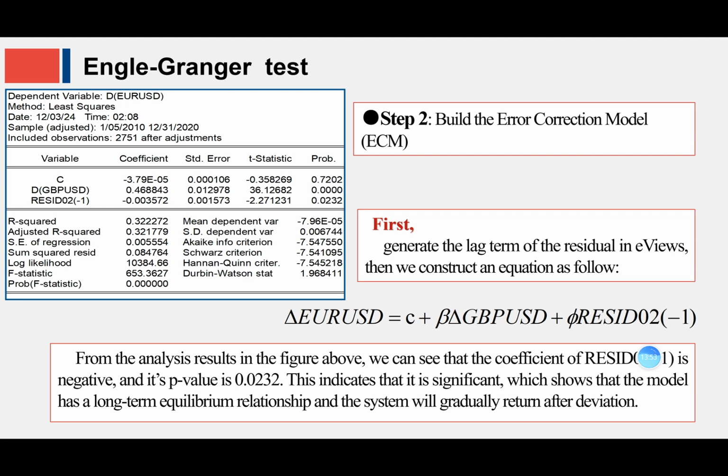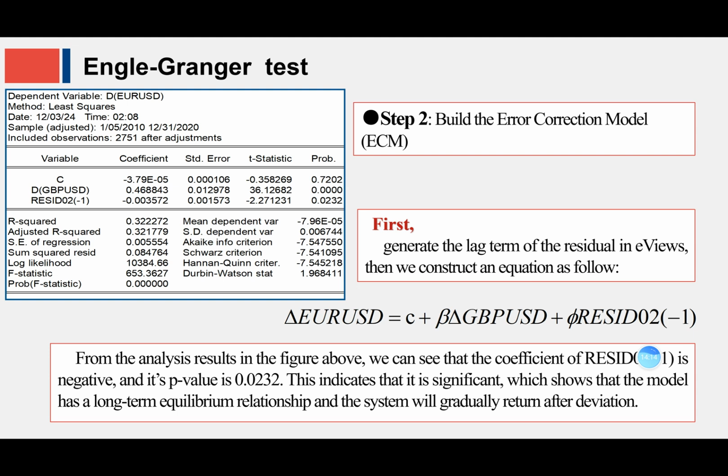Step 2, build the error correction model. First, I generated the lag term of the residual in EViews. Then we construct an equation as follows.